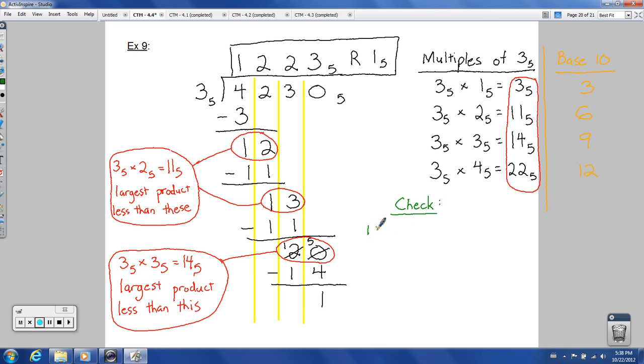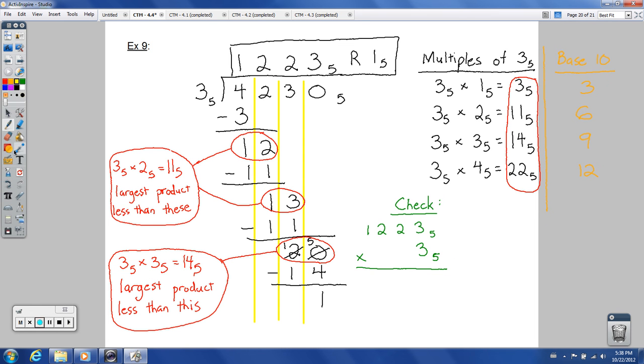So 1, 2, 2, 3, multiply that by 3, and both these things are in base 5, so we'll put a little 5 here and here. And let's see what I got. So I'm going to make some yellow lines again.